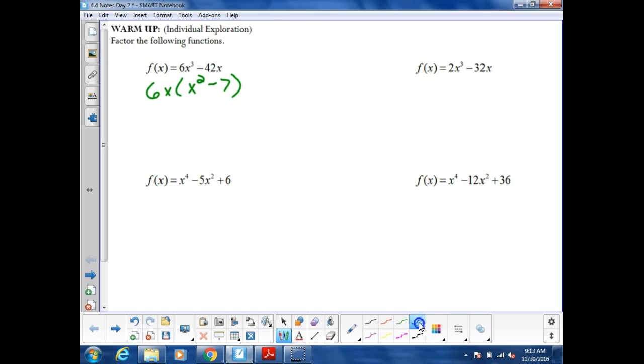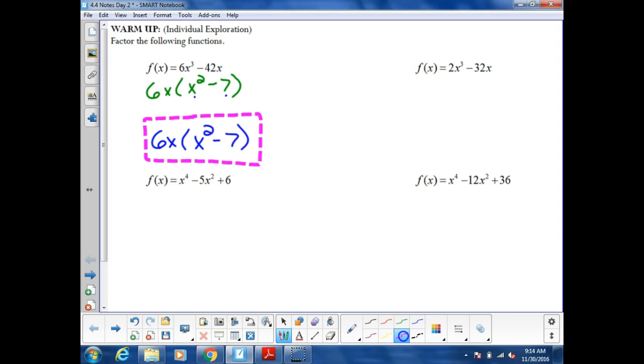X squared minus 7 is not a perfect square; the x squared is, but the 7 is not, so then my answer is just that. Can't go any further on that one.